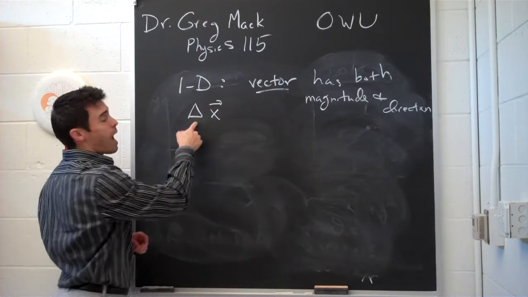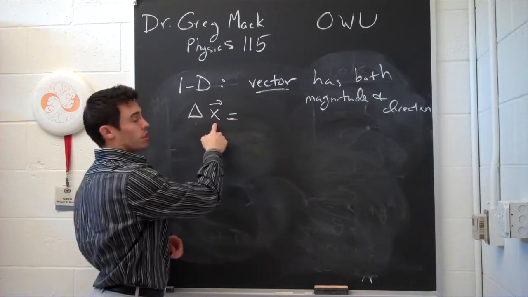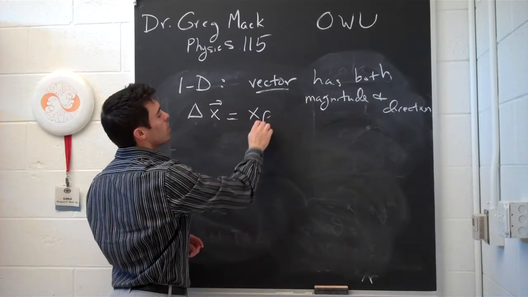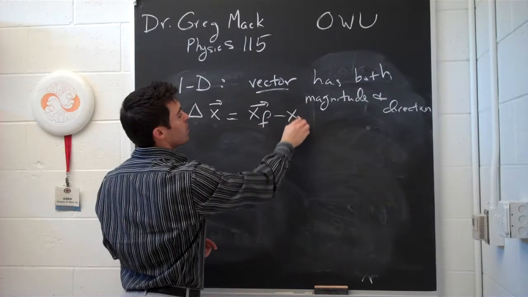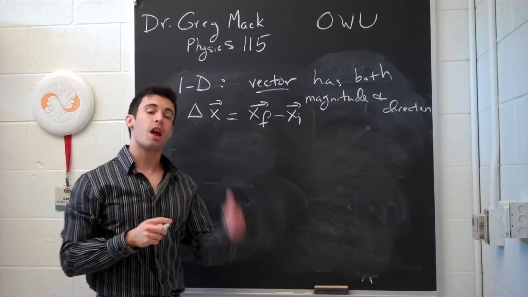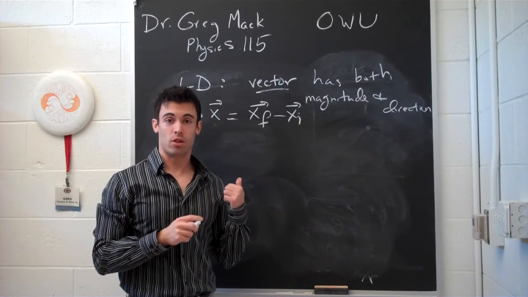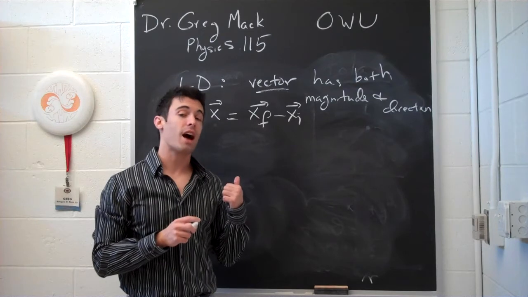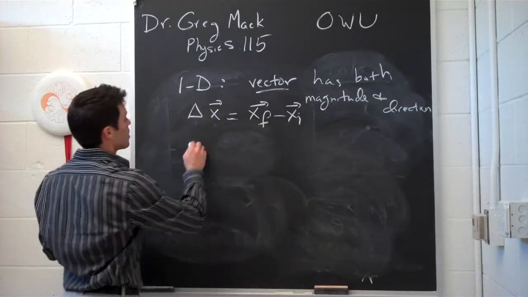Delta x, a capital Greek letter delta means change, x for displacement is equal to the final x, final position, minus the initial position. I'm drawing the arrows on top to say that we're talking about a vector, something that actually has a sign, a direction, along with its actual magnitude.